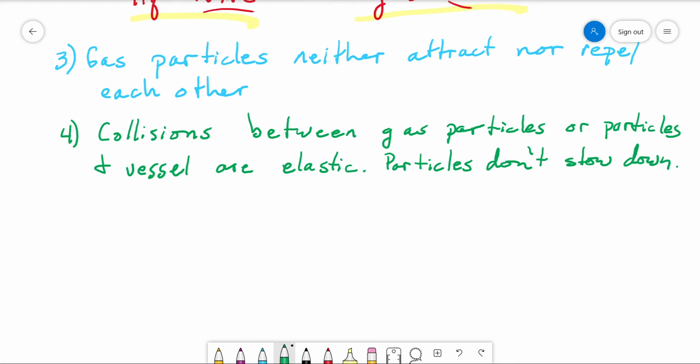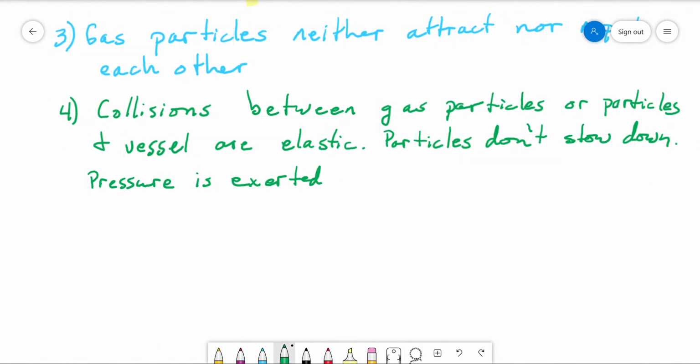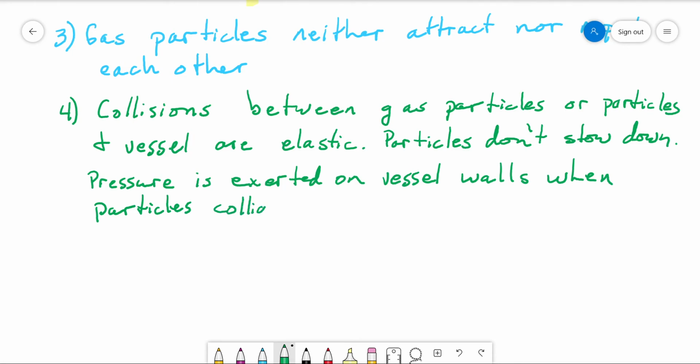Okay, and there's a second part to that. Pressure is exerted on the vessel walls when particles collide with the vessel.